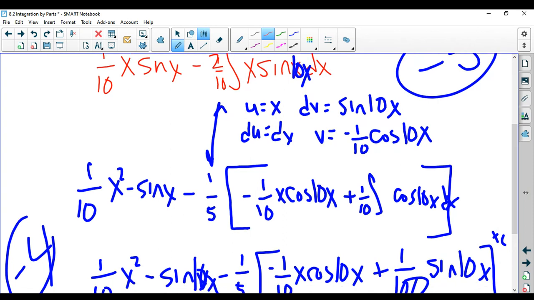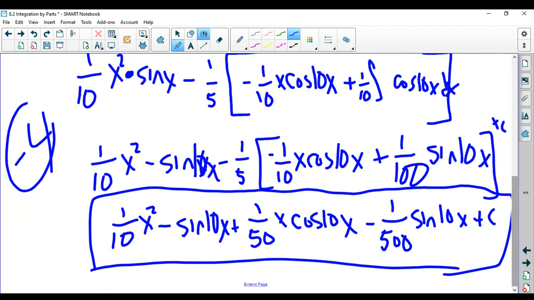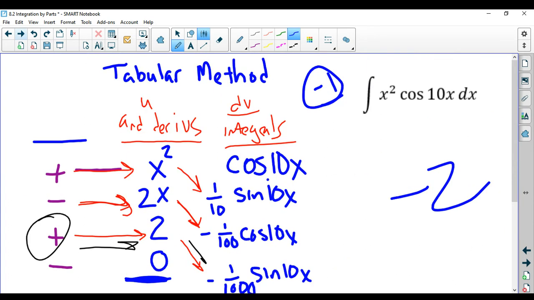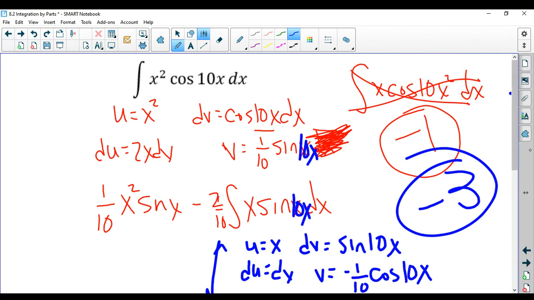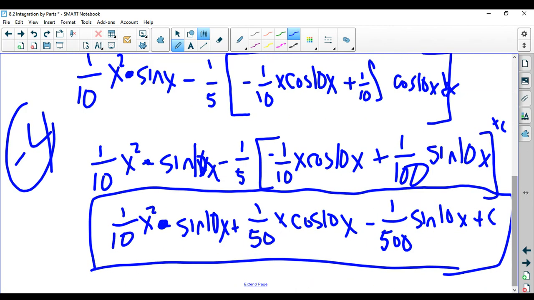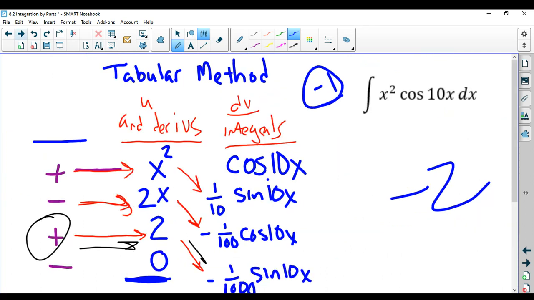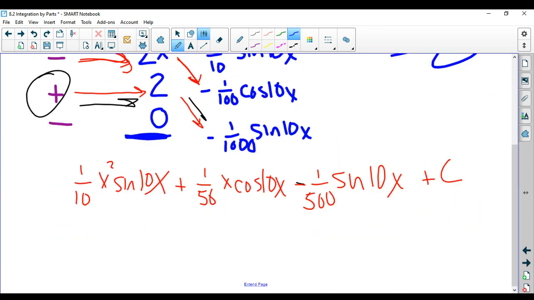I don't know why I have that minus in here, but now I just fixed it. Wow. 1/10 x squared sine of 10x plus 1 over 50 x cosine 10x minus 1 over 500 sine of 10x.